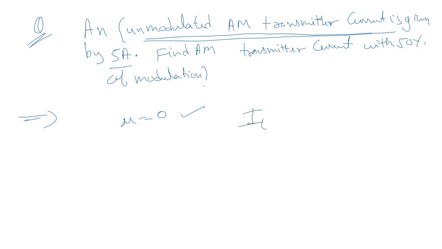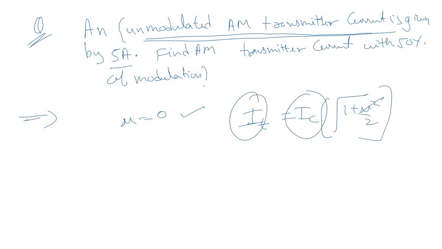That means IT equals IC into square root of 1 plus mu square by 2. If we go by this relationship, mu is 0, then IT is equal to IC, right? So this current 5 ampere given to us is nothing but the carrier current. Unmodulated means mu is equal to 0, mu equal to 0 means IT is equal to IC. So the given current is nothing but the carrier current. As simple as that.